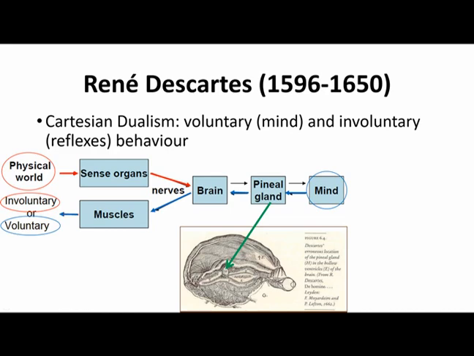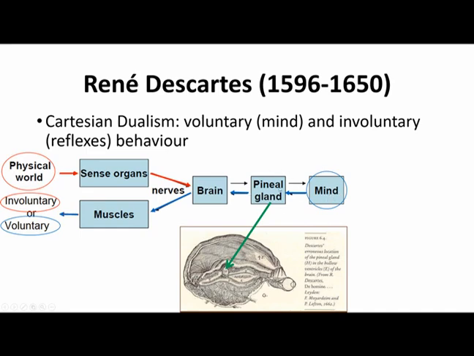So if we want to look at a diagram showing the difference between voluntary and involuntary types of behaviors, we have one up here on the screen. So our voluntary actions are things that derive from the mind. So if we look at only the blue part of this diagram here, the voluntary control part of the mind is here.